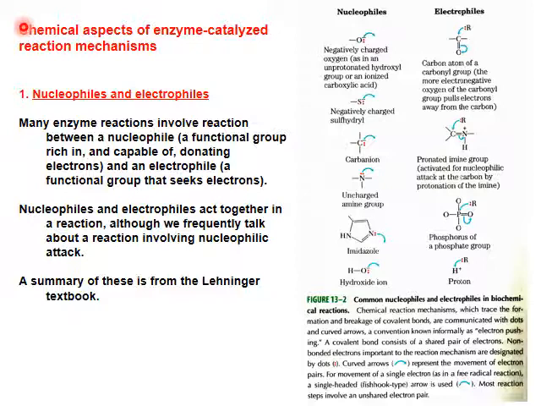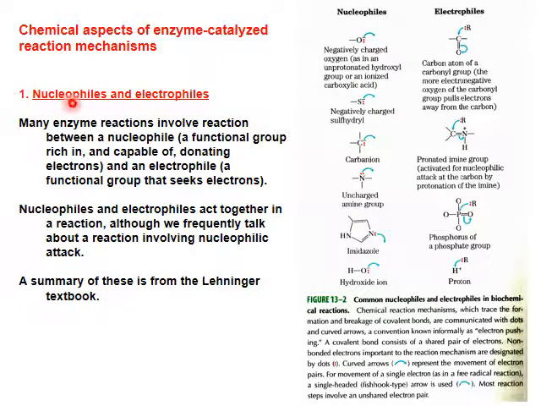The one mechanism that we'll cover here that is required for any general biochemistry course is called the serine protease mechanism. And that one's pretty straightforward, so it's not too bad. It involves a lot of acid-base chemistry, which you should have a pretty good understanding of. But right now I just want to focus on these chemical aspects of these enzyme catalyzed reaction mechanisms.